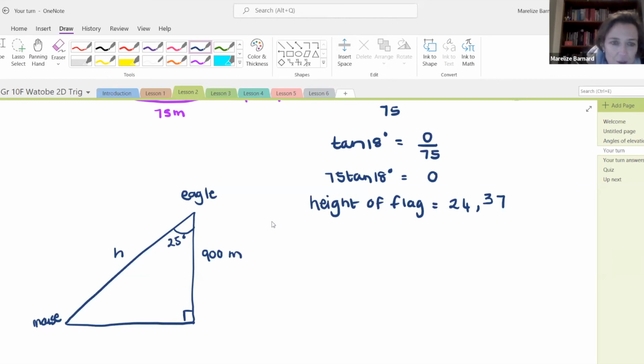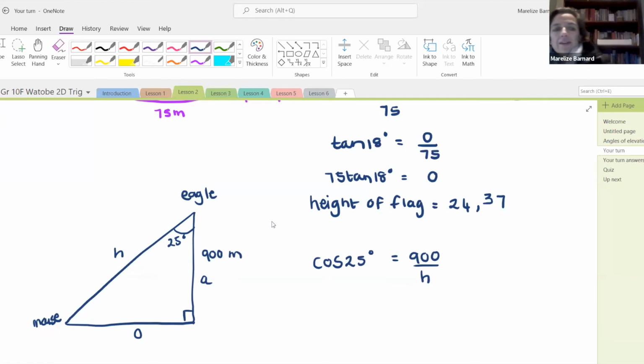So this is opposite and this is adjacent. Okay, so because we have the adjacent side, that's given, that's 900. We are solving for the hypotenuse side, so we are going to do cos. Cos of 25 degrees is adjacent over hypotenuse. Okay, so we need to solve for h.